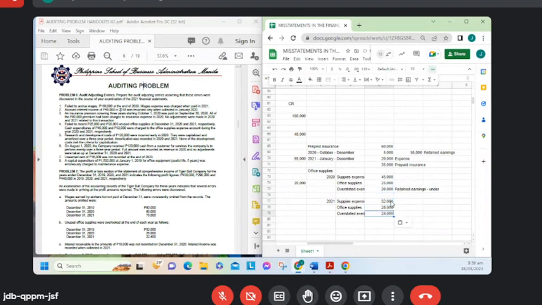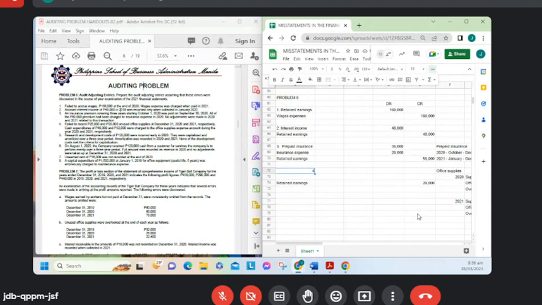So that's a 24,000 overstated expenses. So this is on the net income. Impact on net income in the current year, under. So it means we are going to record a debit to office supplies.